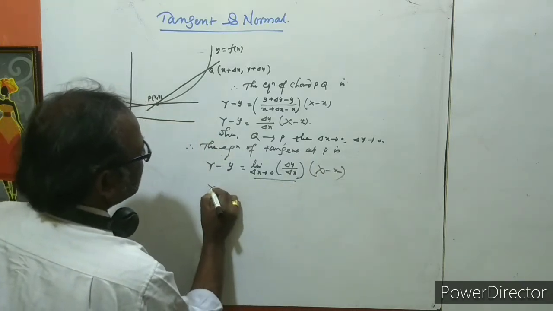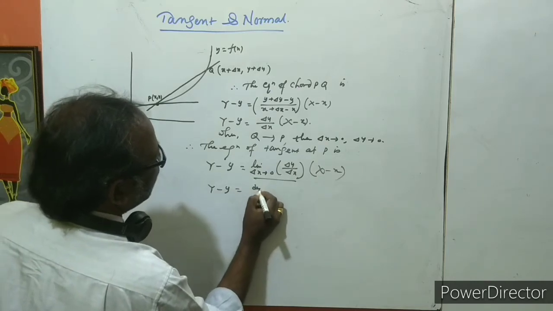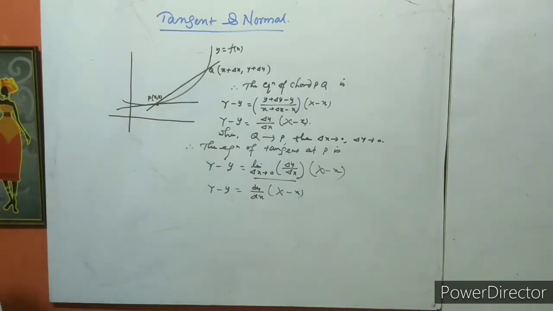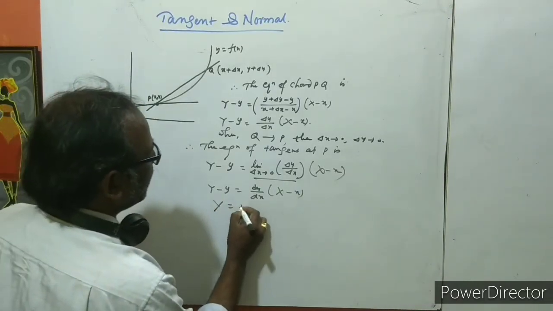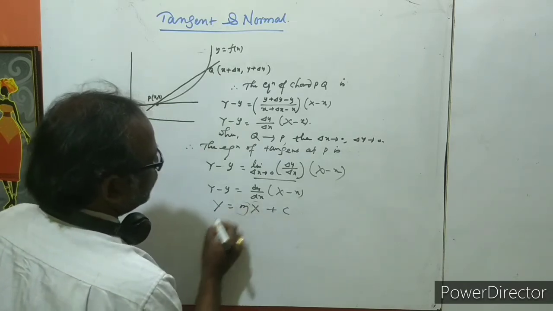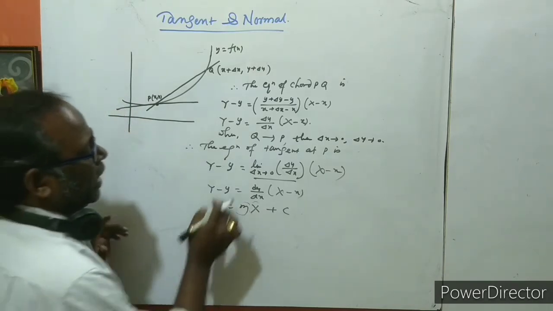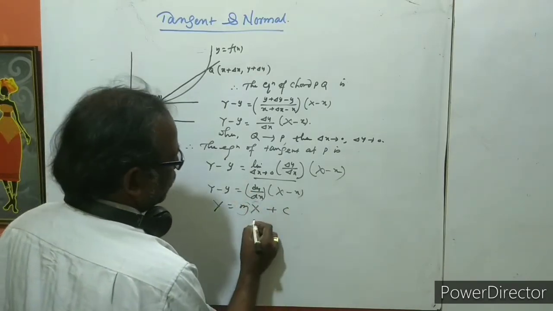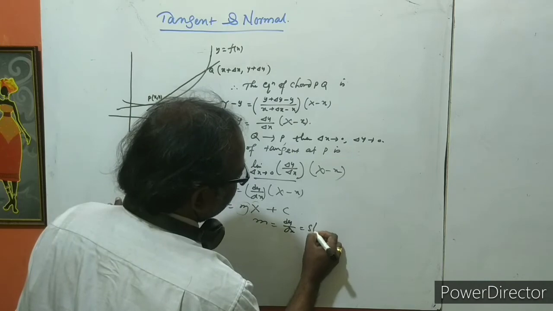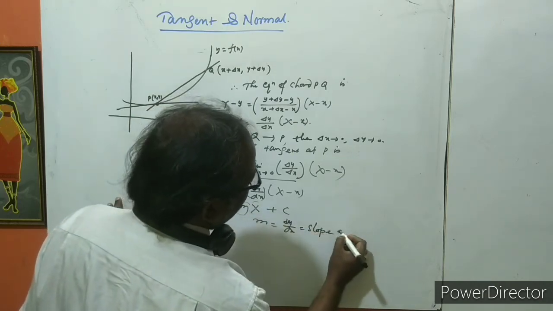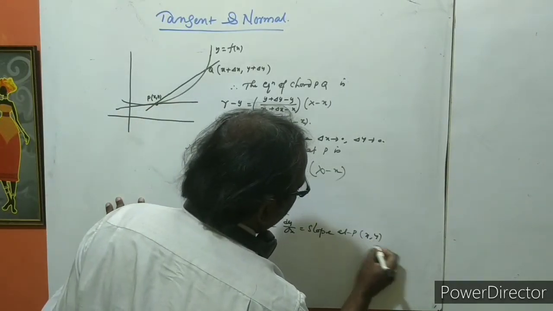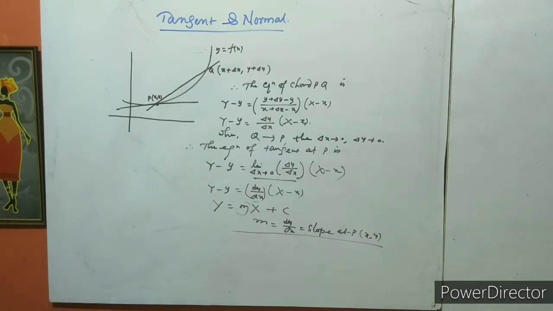We can represent this as dy by dx times (X minus small x), and compare it with a straight line y equal to mx plus c. The coefficient of x is m, so m is called the slope of this line, the slope of the tangent. So m is equal to dy by dx, the slope at the mentioned point P, that is (x, y). This is the definition of a tangent.